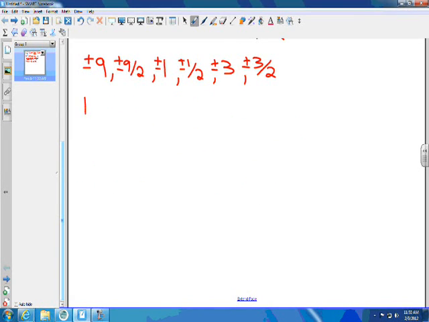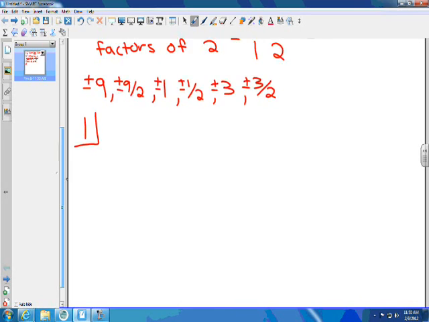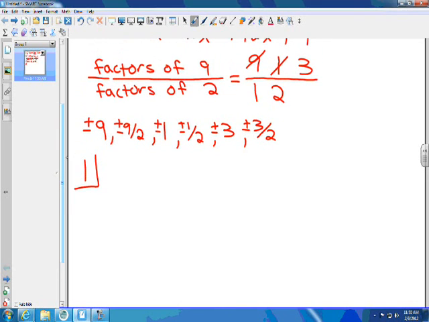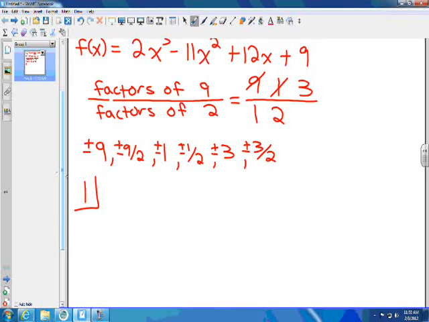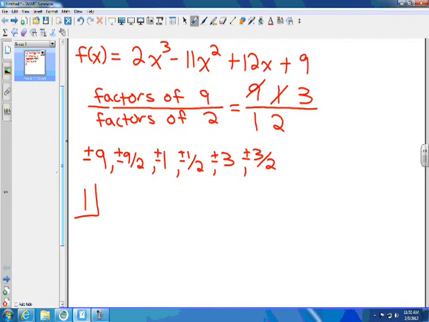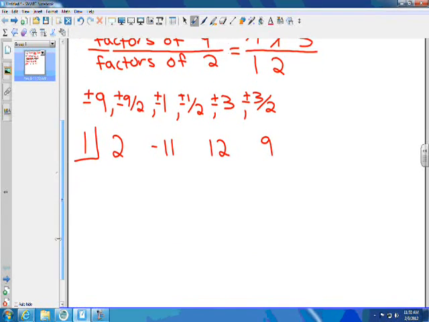So if we try the 1, we're going to synthetic divide again by every single one of those possibilities. How will we know if it's a zero? You will have no remainder. So we try all those numbers until we end up with a 0. Are we missing any terms up here? No. So we have 2, negative 11, 12, and 9.